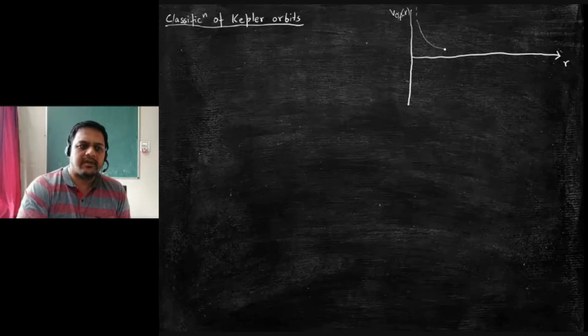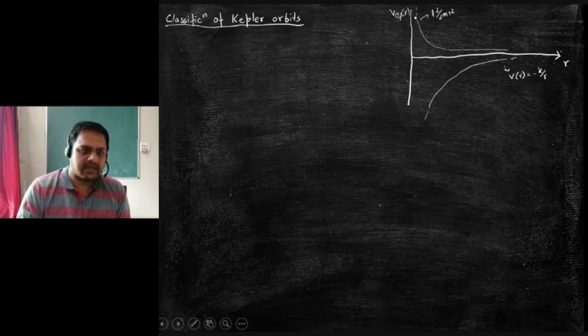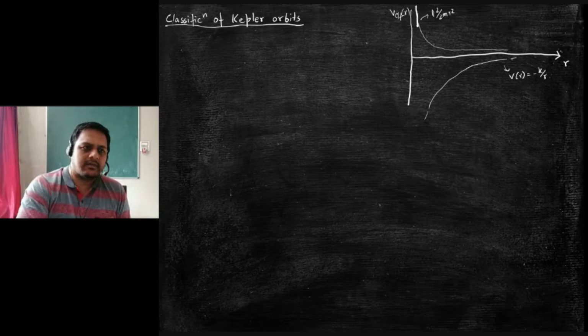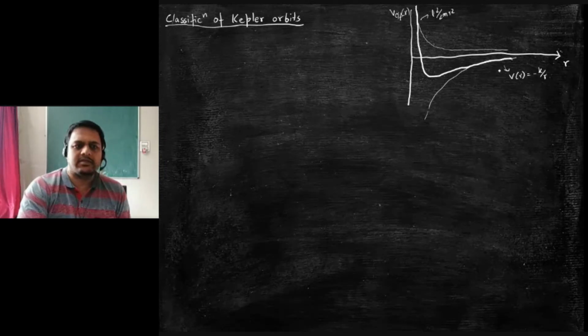There is a 1 by, this is something like L square by 2m r square, and the actual Coulomb potential is, and the effective potential is basically something like this.